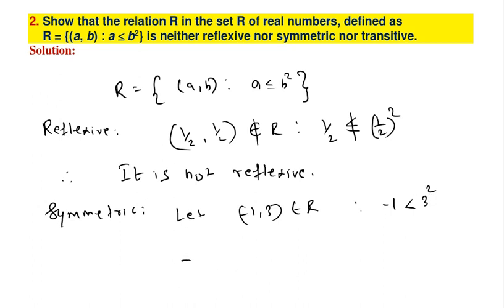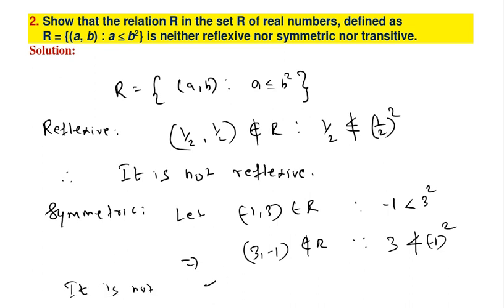But the reverse direction, 3 comma minus 1, does not belong to R, since 3 is not less than minus 1 square, and it is not symmetric.